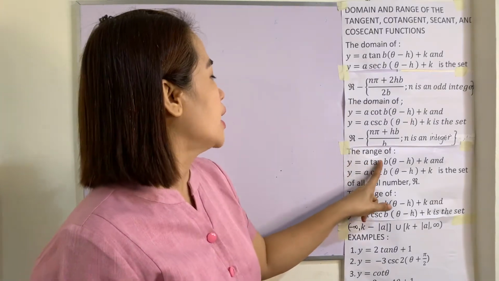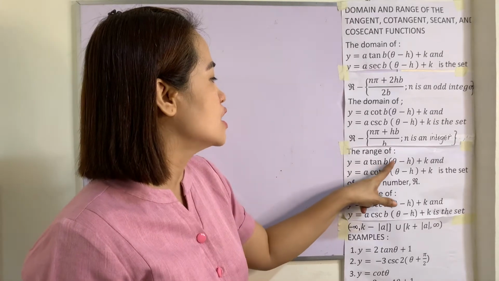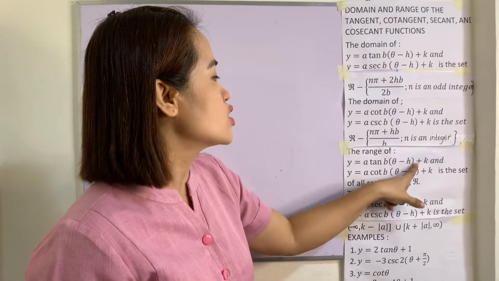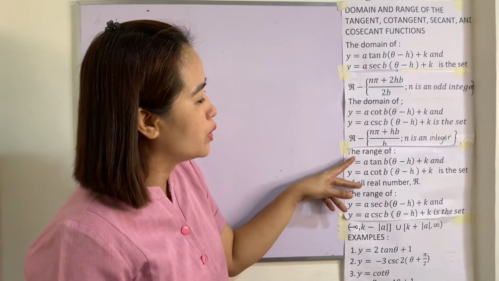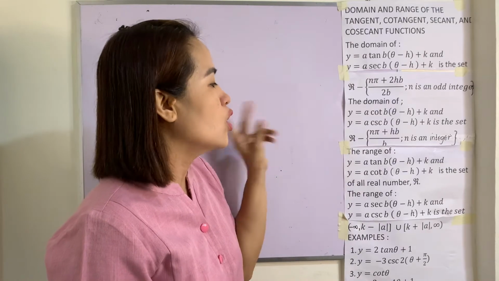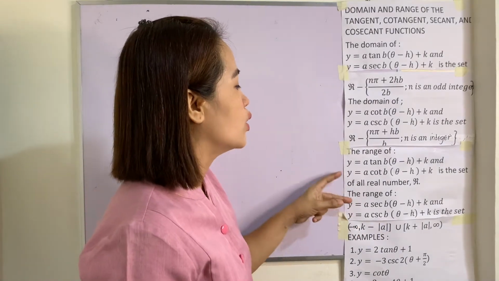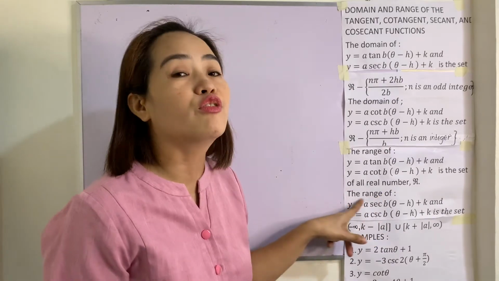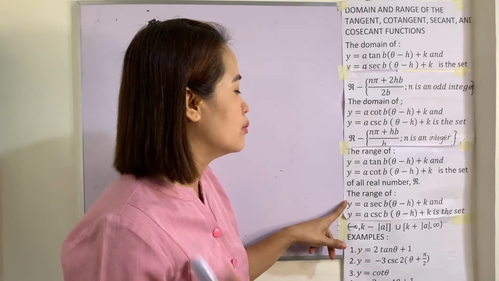Now, the range of y equals a tangent b theta minus h plus k and cotangent. The range of the tangent and cotangent function will be, of course, the set of real numbers, such that y is in the set of real numbers.